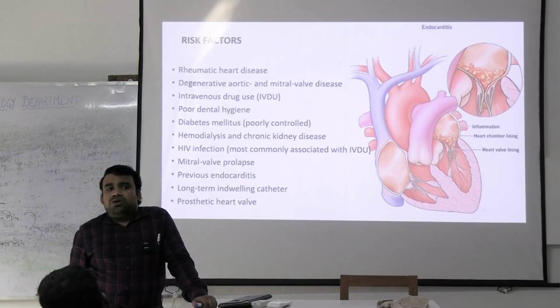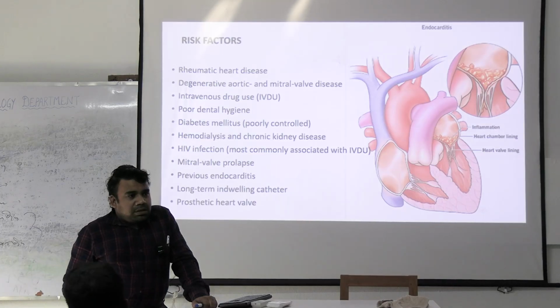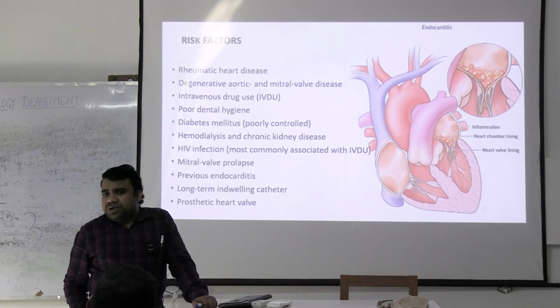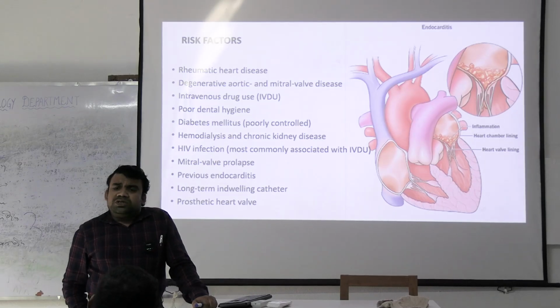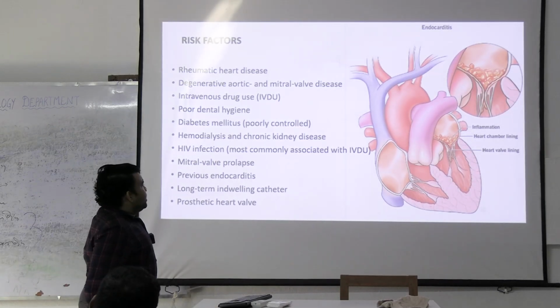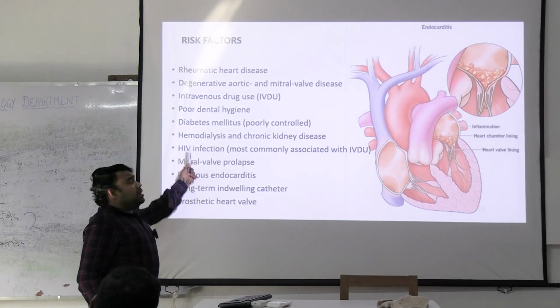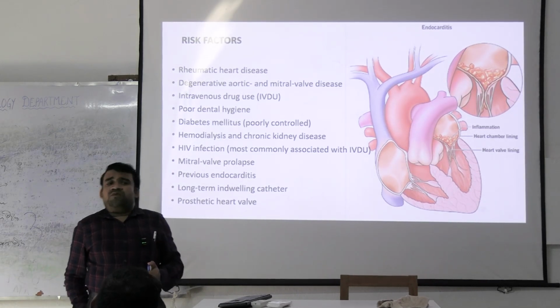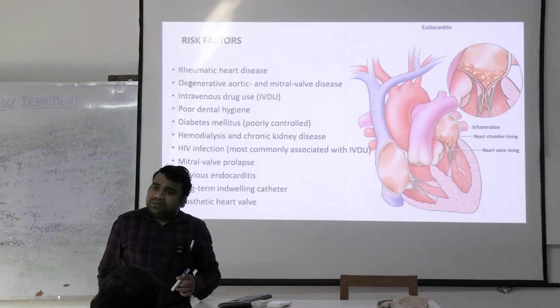Various types of pathogenic organisms will grow in the mouth, and then any kind of dental caries or dental manipulation will lead to translocation of the organisms from the mouth into the bloodstream. And similarly, other conditions like diabetes mellitus, hemodialysis, etc., make these patients more prone to infective endocarditis.